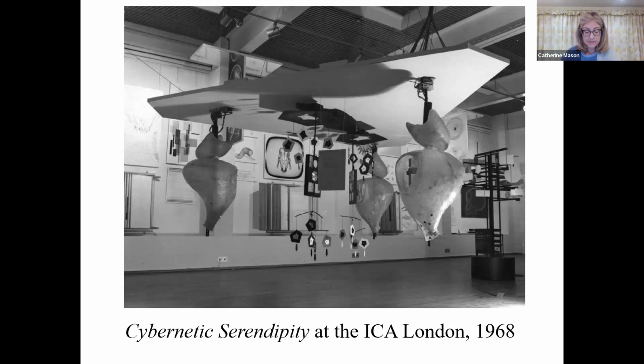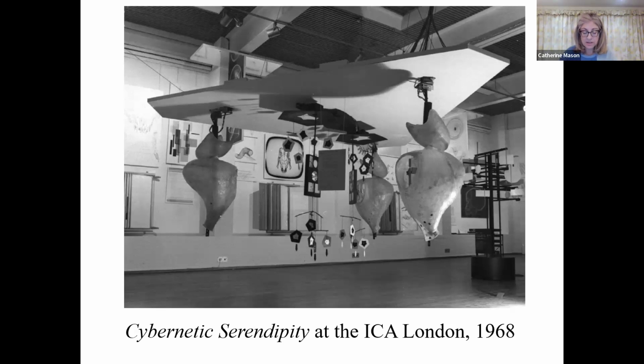So it was exhibited in 1968 as part of Cybernetic Serendipity. And you can see it here. It's hanging from the ceiling in the center of this photograph. And it consisted of male and female robotic figures that interacted with each other and also reacted to the audience. So the audience could walk in between these rotating and moving sculptures hanging.